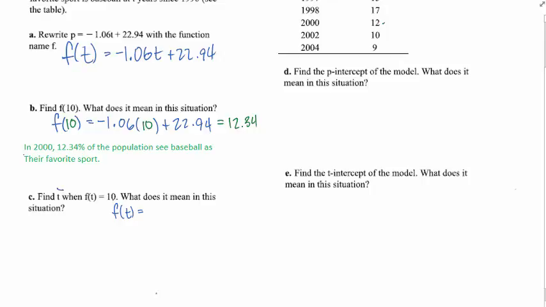Now before I put equal to 10, let's take a look at what f of t is equal to. f of t is equal to this whole expression, negative 1.06t plus 22.94. So you're literally replacing f of t with this whole expression, and then you're going to set it equal to 10.